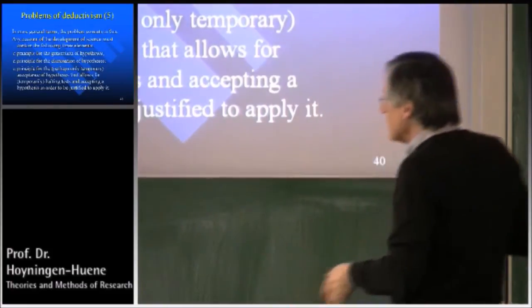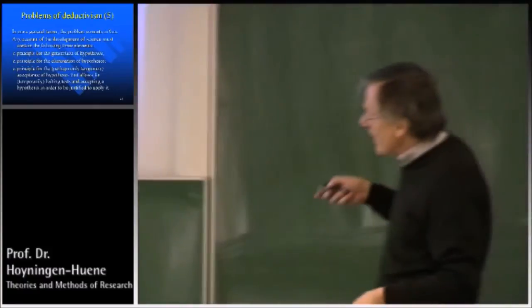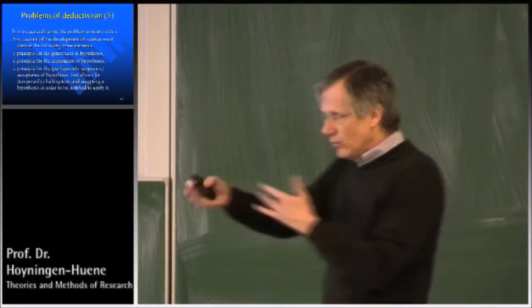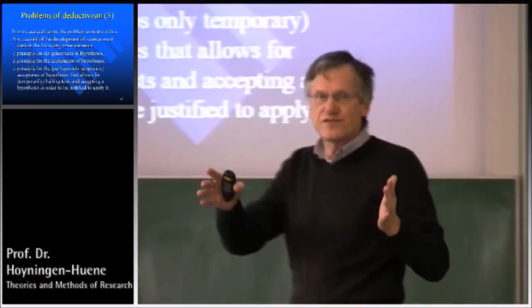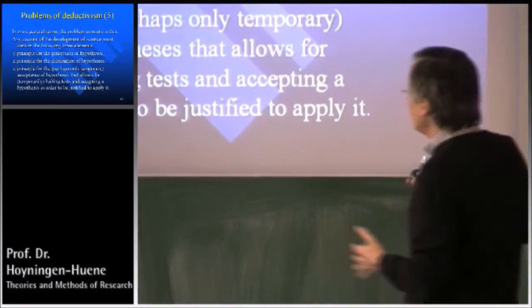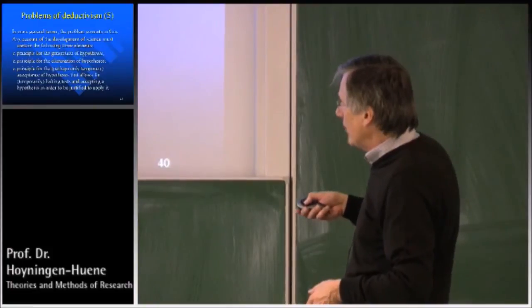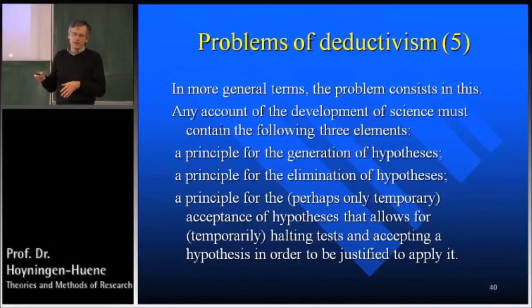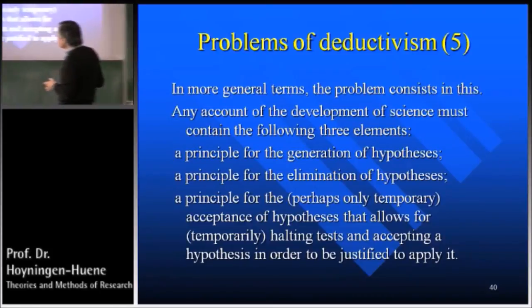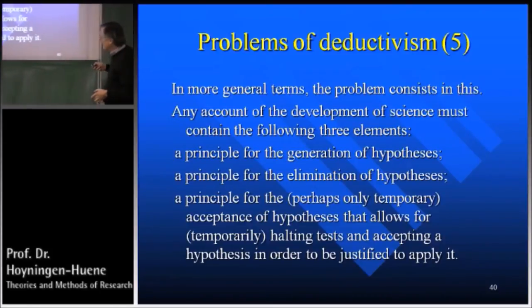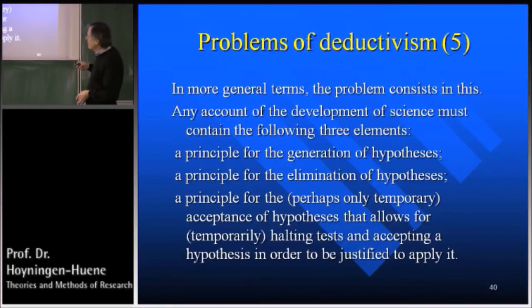Therefore I gave you this more general description, which you can apply to any account of science, and look: what is the principle for the generation, what's the principle for the elimination of hypotheses, and what's the principle for the acceptance of hypotheses? You need them all. And the problem of deductivism is that it's very weak here, in the principle for the acceptance of hypotheses, because the principle for the elimination overwhelms everything.